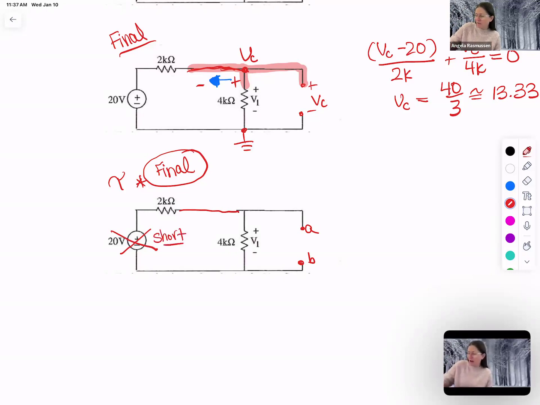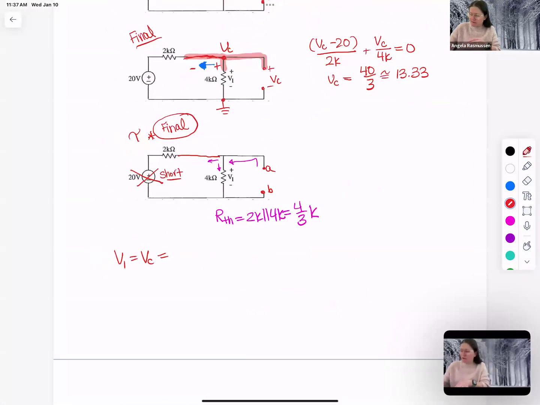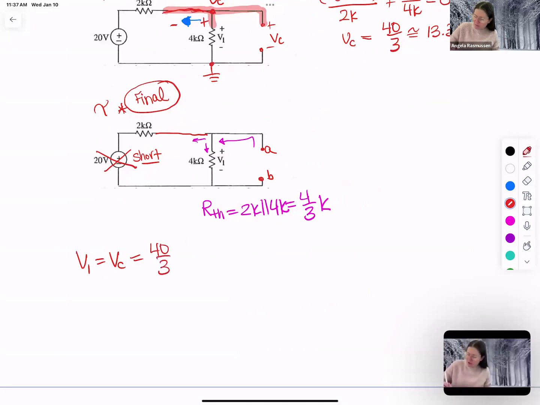So then I have the pathway goes and splits, which is a parallel. So I have RTH is 2K in parallel with 4K, which ends up being 4/3 K. And then V1 is equal to VC, so it's final, which is 40 over 3, and then initial was 0 minus final, e to the minus t over tau.